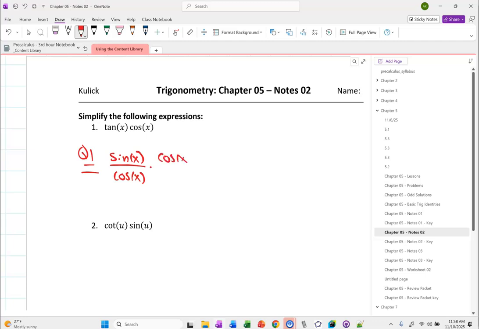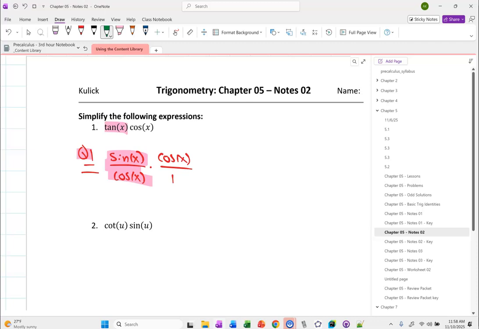And since I'm multiplying fractions, I'm going to write cosine x as cosine x over 1. Because how do I multiply fractions again? Tops to tops, bottoms to bottoms, right? But really, I'm going to reduce before I multiply here, because what do you notice?